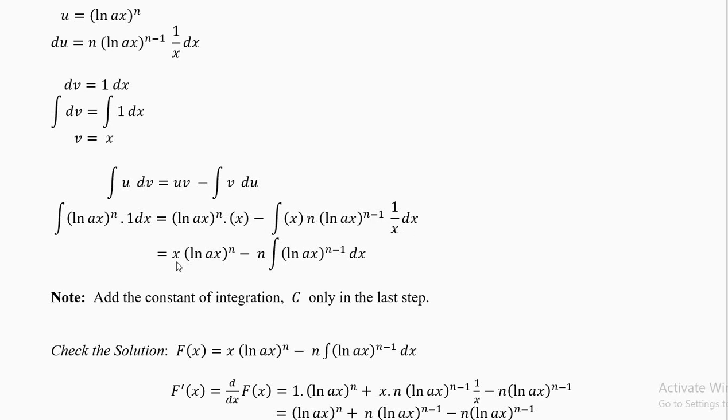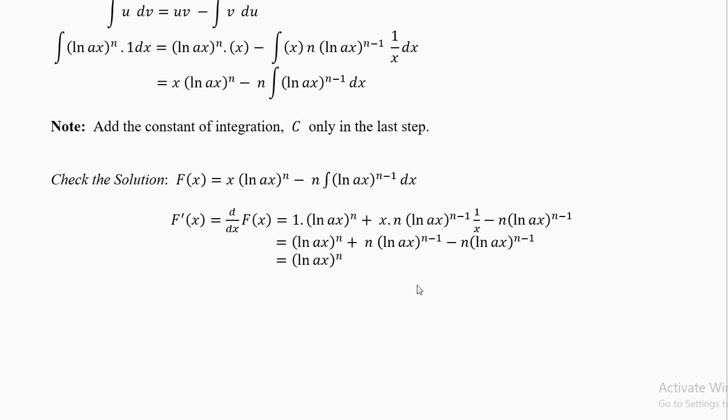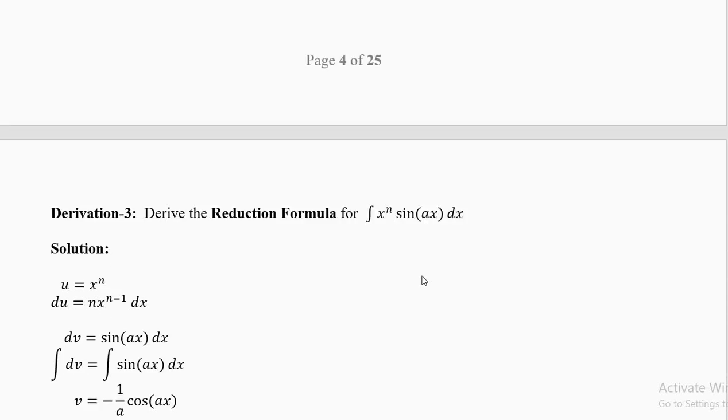You will be left with x (ln ax) whole power n minus n times the integral of (ln ax) power n minus 1. So you have reduced the power from n to n minus 1. If you start with power 5, it will become 4, then 3, then 2, then 1, then 0, and your integration will be over. You can again differentiate and check it as homework.